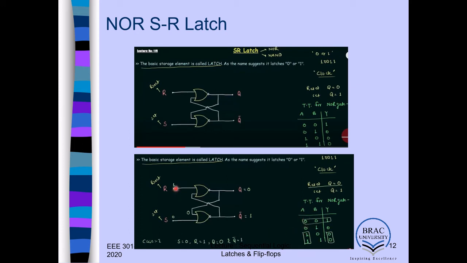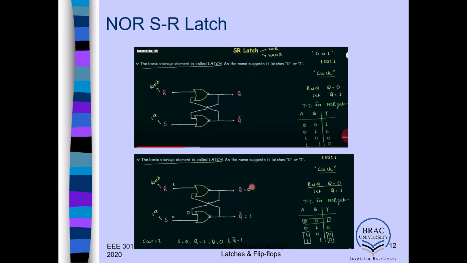If either of the inputs is 1, then output is 0. You don't need to look at the second input. So we can say our Q is 0.